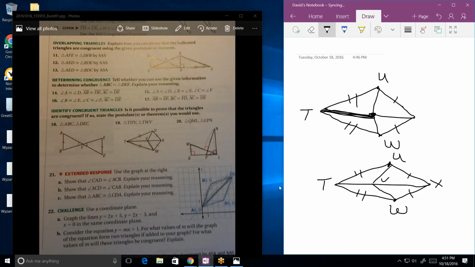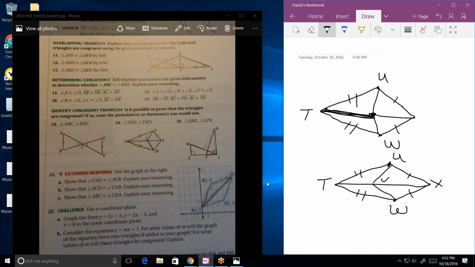TUV and TWV have to be congruent. The question is why? Actually, you're right, because I can only draw those connecting lines in one way. They both have to connect to the same point. Yeah, and they do connect at the same point, point V. They are congruent. In other words, TUV is congruent to TWV. I'm just trying to figure out how.